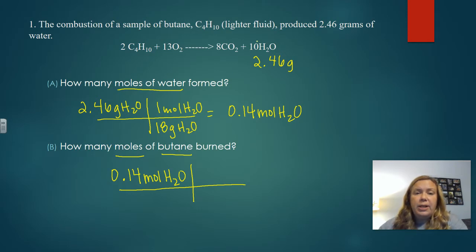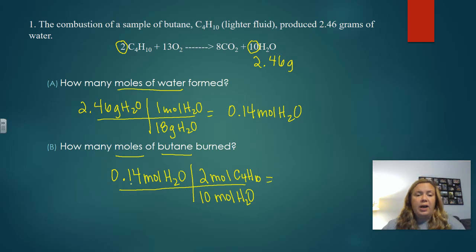So I come up here to my balanced equation and I have 10 as my coefficient for water. That means for every 10 moles of water that was produced, I used 2 moles of butane, because that came from my coefficient for butane.